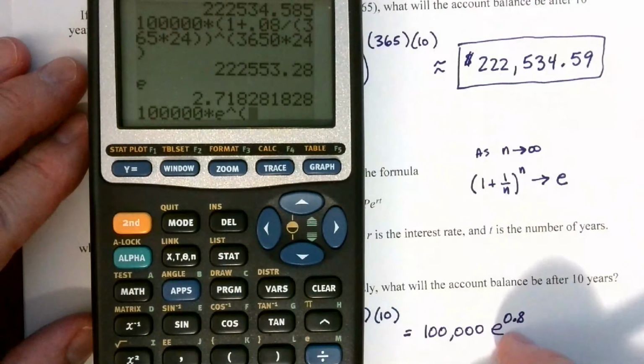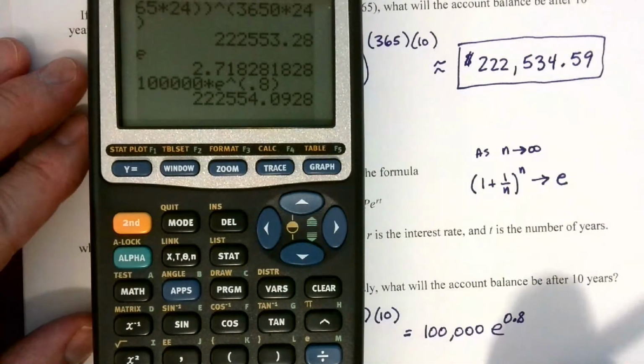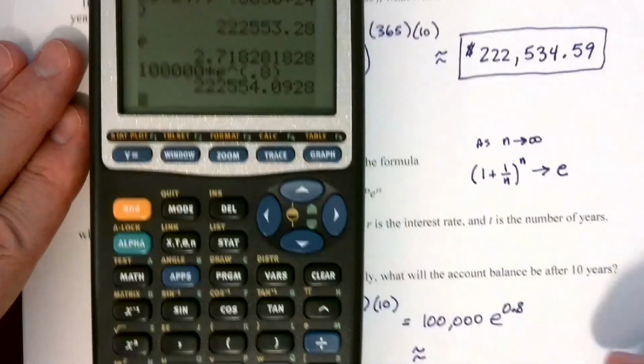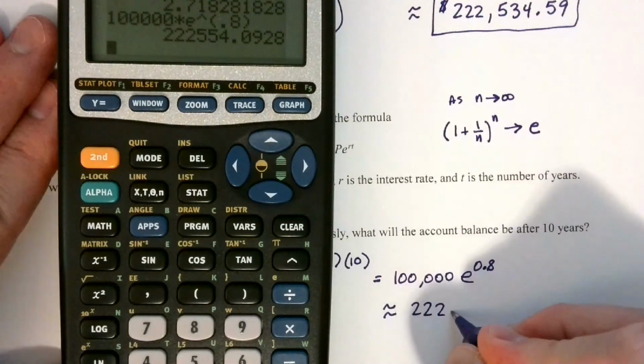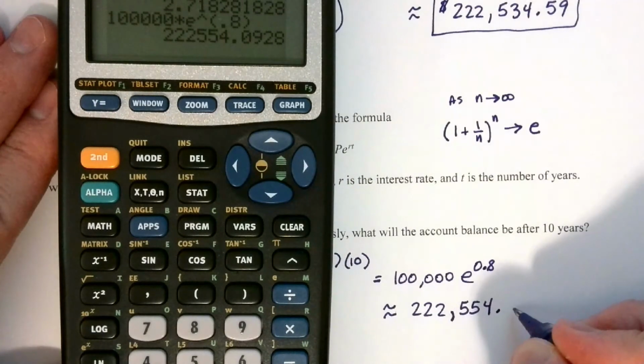And the exponent's what? 0.8. So what do we get there? 222,554.09.